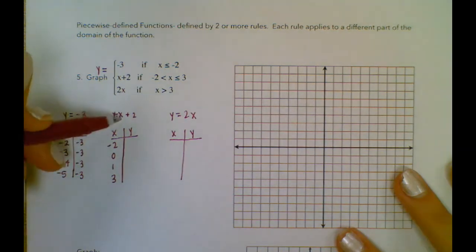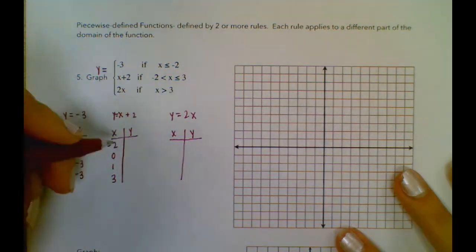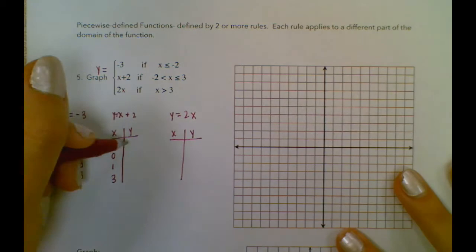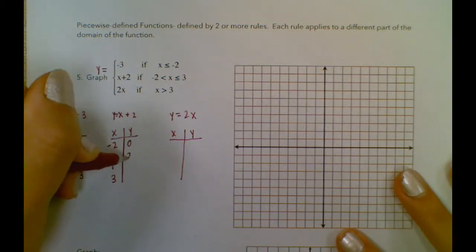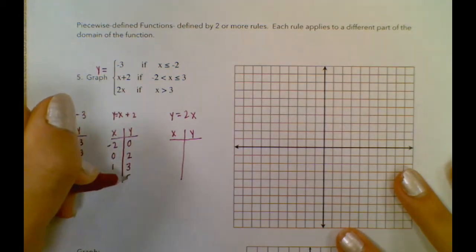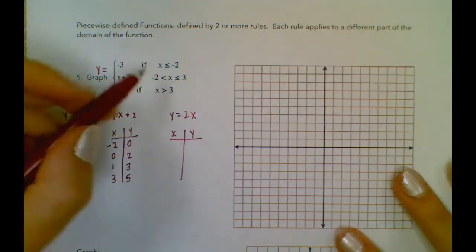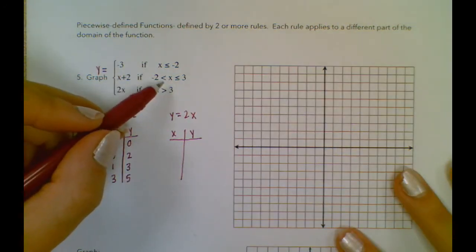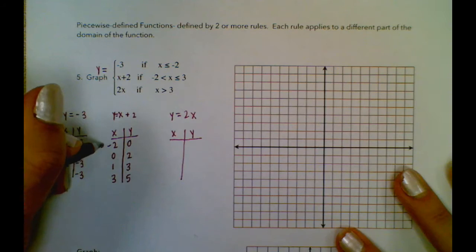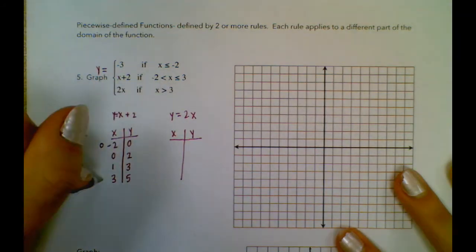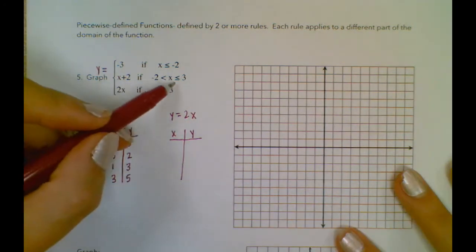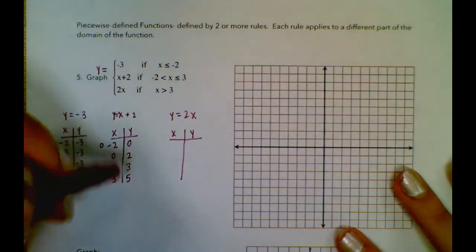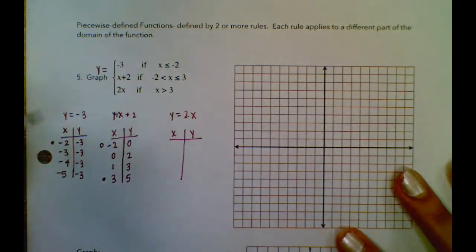And I'm just going to go ahead and plug those in for x and solve those. So -2 plus 2 is 0, 2, 3, and 5. And then on this -2, the inequality is not underlined, so this will be an open circle. And on the 3, it's going to be a closed circle because there's a line under the inequality sign. So this kind of helps me lay out what my graph will look like.